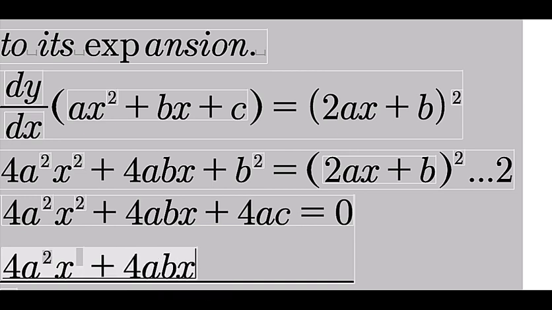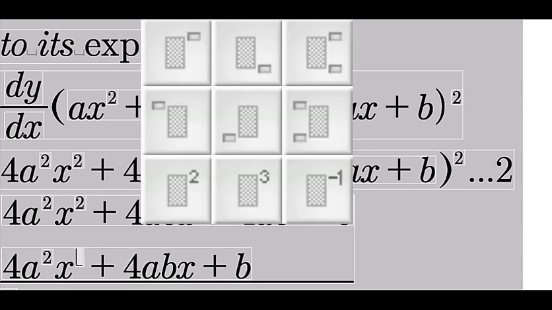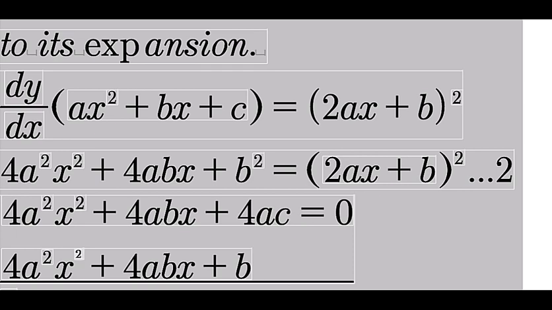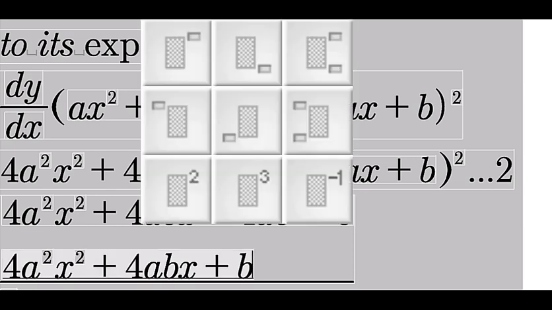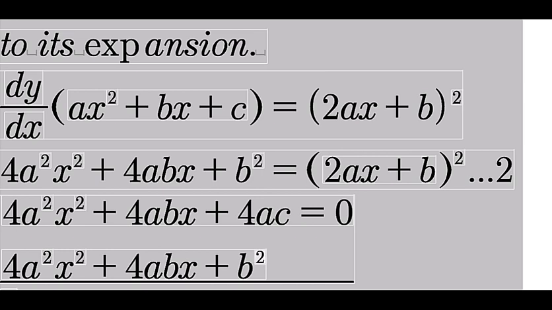It's not easy for me to write, I get a little difficulty in typing. Then plus b squared, equal to the binomial.